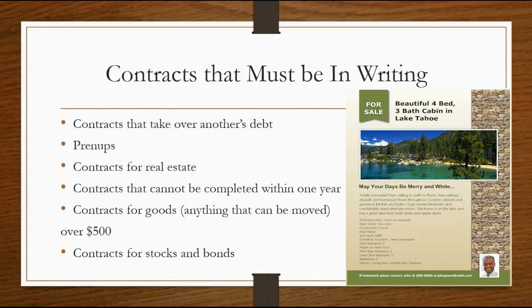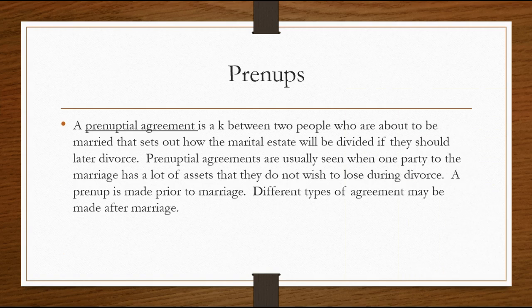Anything that can't be completed within a year has to be in writing. Contracts for goods, anything that can be moved, in an amount of $500 or more have to be in writing. And then finally, stocks and bonds should also be in some sort of written form as well, the purchase of those.